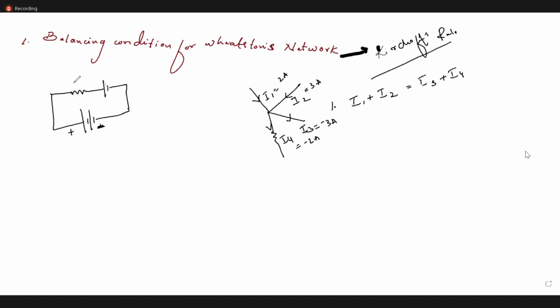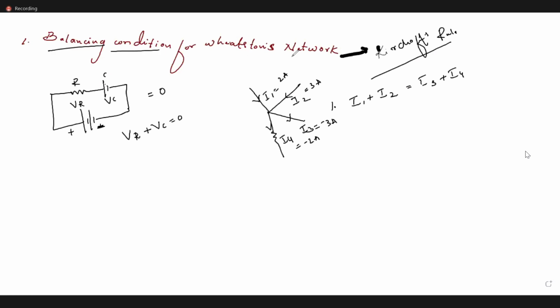In any closed loop including the resistor and cell, the total is always equal to 0. Writing the potential difference across the resistor as VR and across the cell as VC, according to the Kirchhoff loop rule, VR plus VC equals 0. By using these laws, we are going to find the balancing condition for the Wheatstone network.